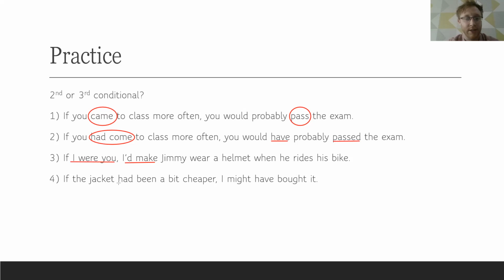So if the jacket had been, past perfect, a bit cheaper, I might have bought it. So as I've said, the modal does not always have to be would. It can be any modal, really. Then you also have bought, have plus past participle.